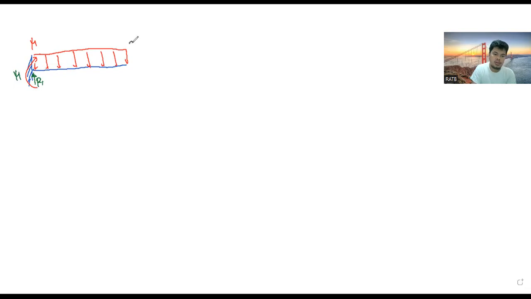We can simplify it by writing the equivalent concentrated load: 30 times 3, which makes it 90. So this would be 1.5, 1.5. You have R1 and another moment M.